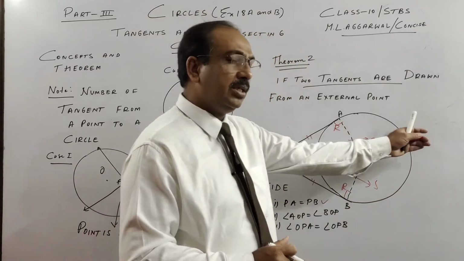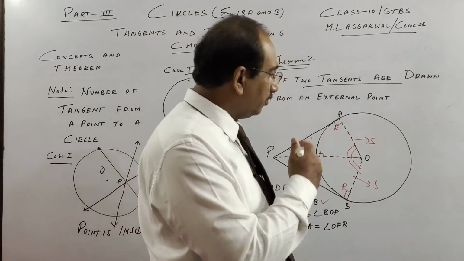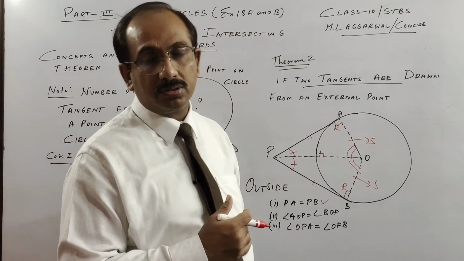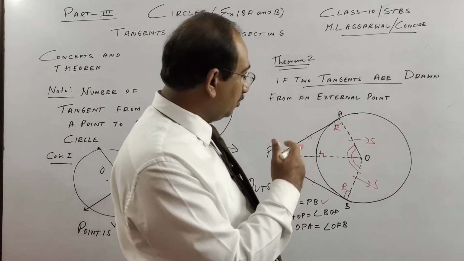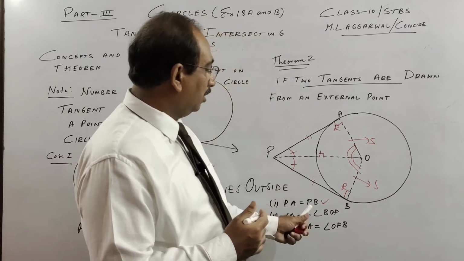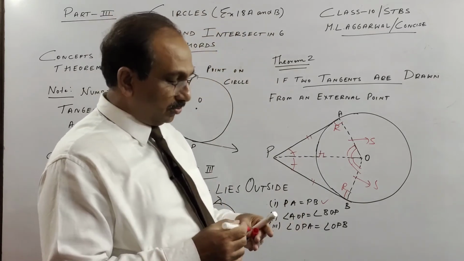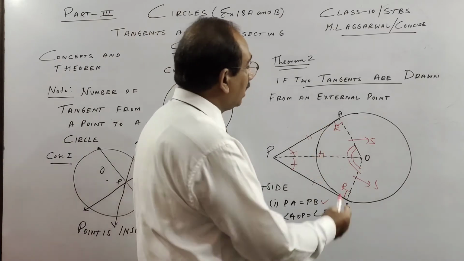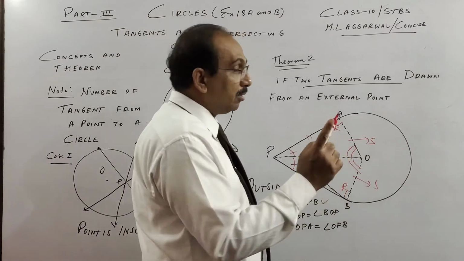I'm not writing in detail, you will get it in any standard book. So whenever I teach, children, see my videos, see the book also. You will see all this proof written nicely. So please see once more. These three things follow from the result that these two triangles are congruent by the RHS rule. See how? Both are right angle triangles by theorem 1.